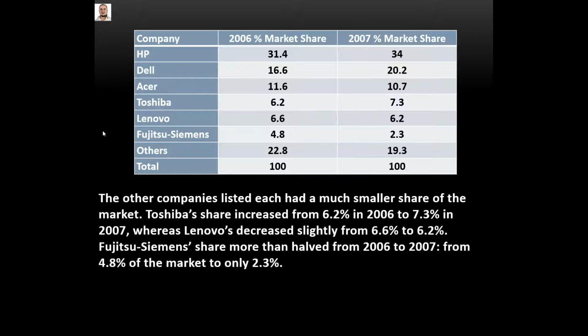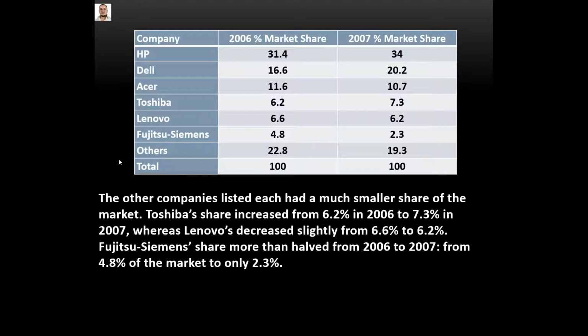Now we come to the others. We explain the others. The other companies listed each had a much smaller share of the market. Toshiba's share increased from 6.2% in 2006 to 7.3% in 2007, whereas Lenovo's decreased slightly from 6.6% to 6.2%.